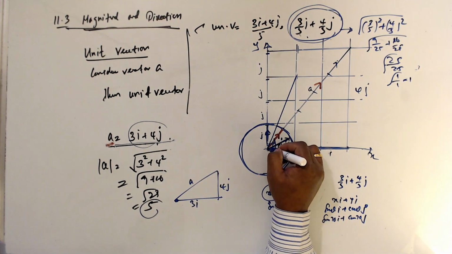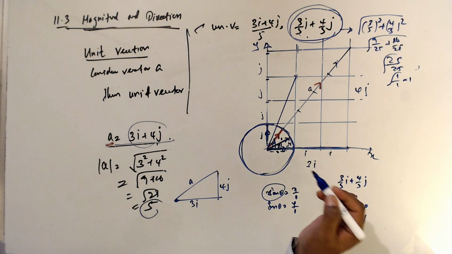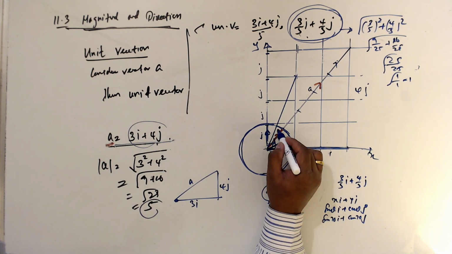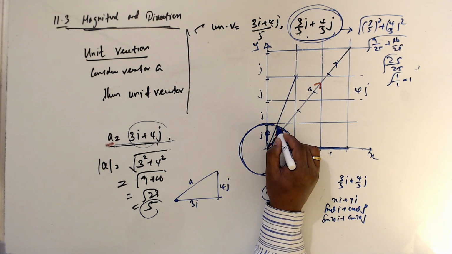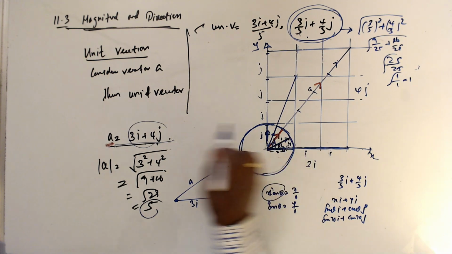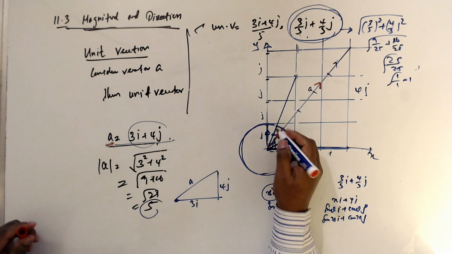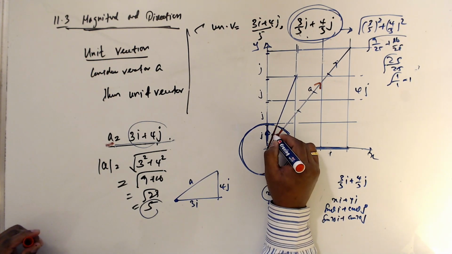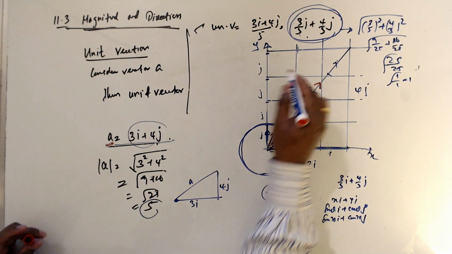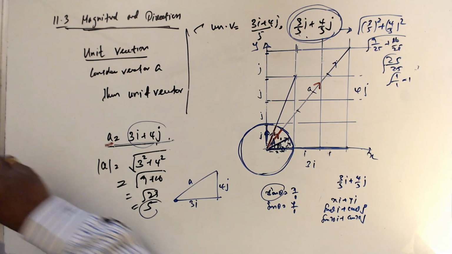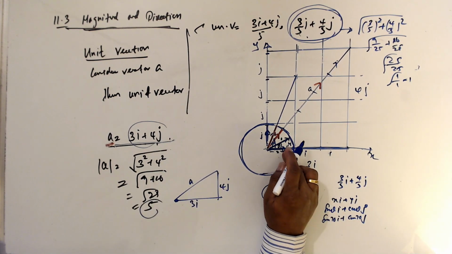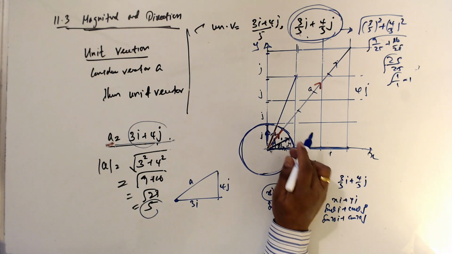I want to find the unit vector for this direction, from here to here. This is the unit vector for this direction. Now I'll delete this x and y.